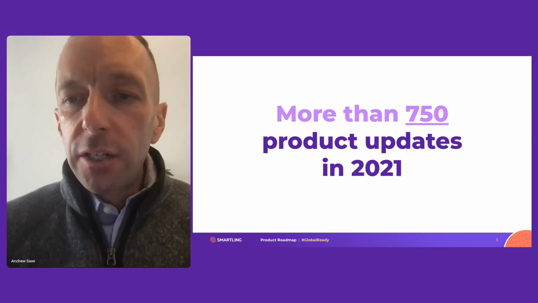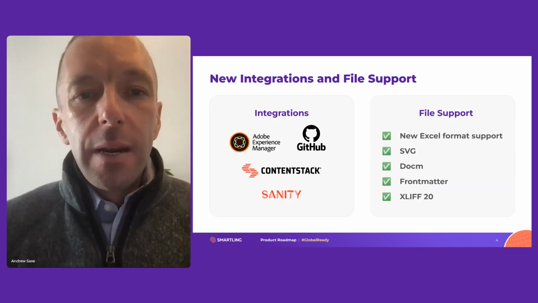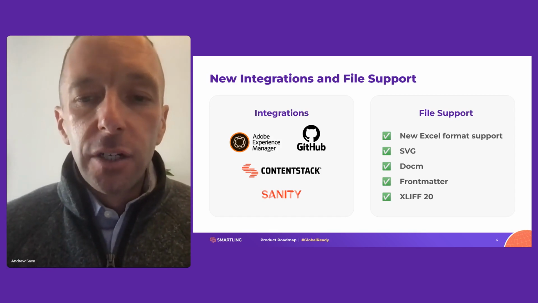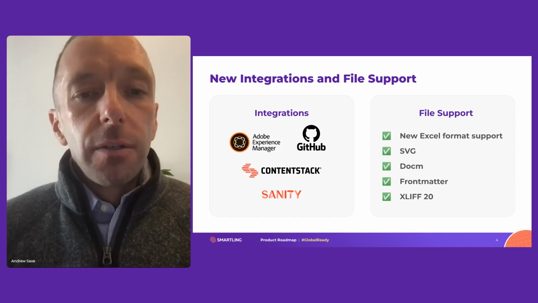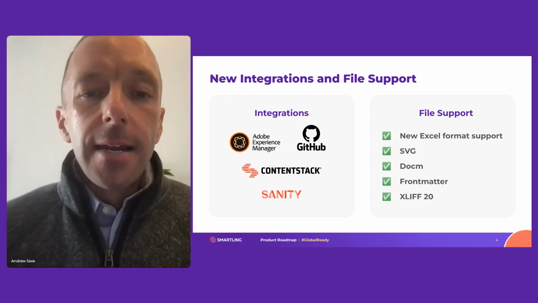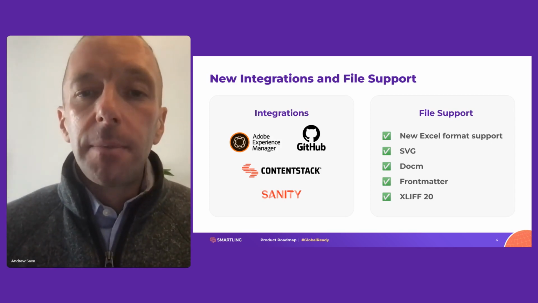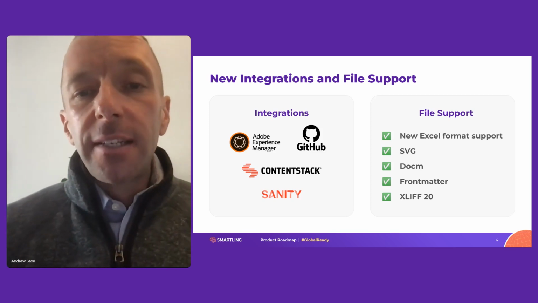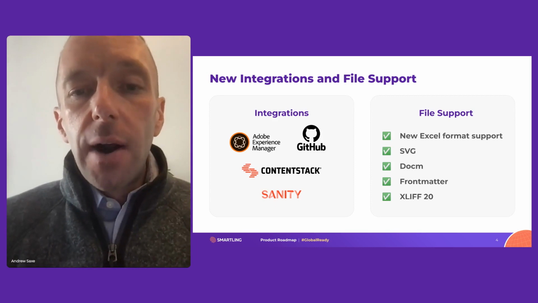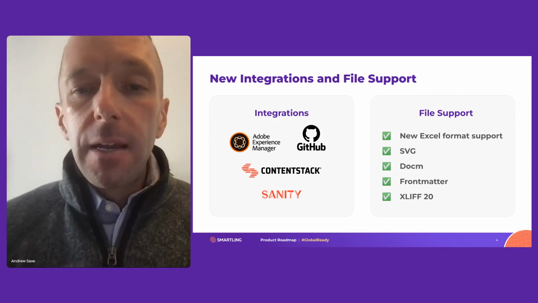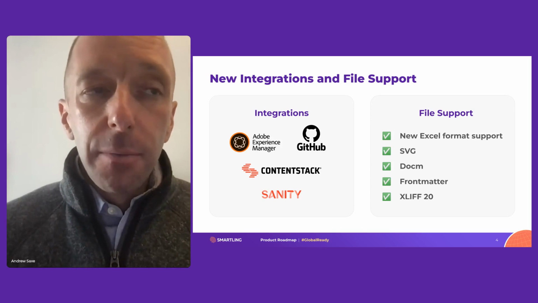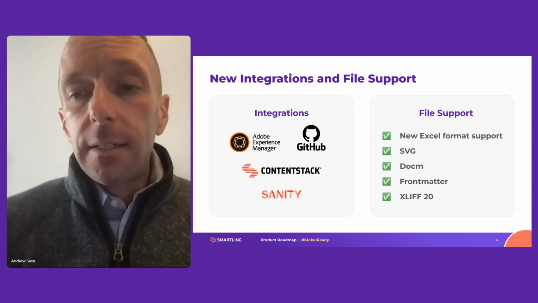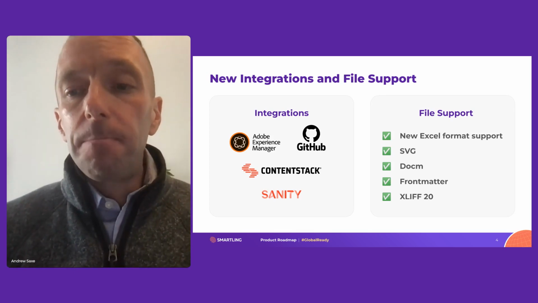For integrations and file support, we made some updates to Adobe Experience Manager, our GitHub integration, and some new integrations for Content Stack and Sanity. We also released updates for files, so a new way to upload Excel files, new support for SVG, docm, YAML, front matter and YAML, XLIFF 2.0, as well as many other smaller updates to file support.